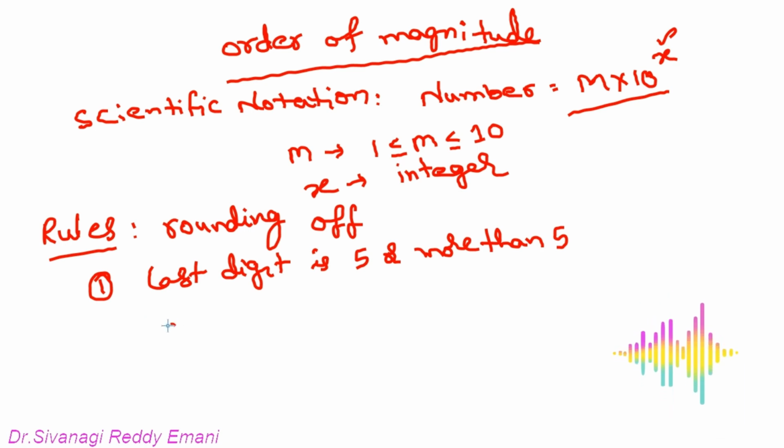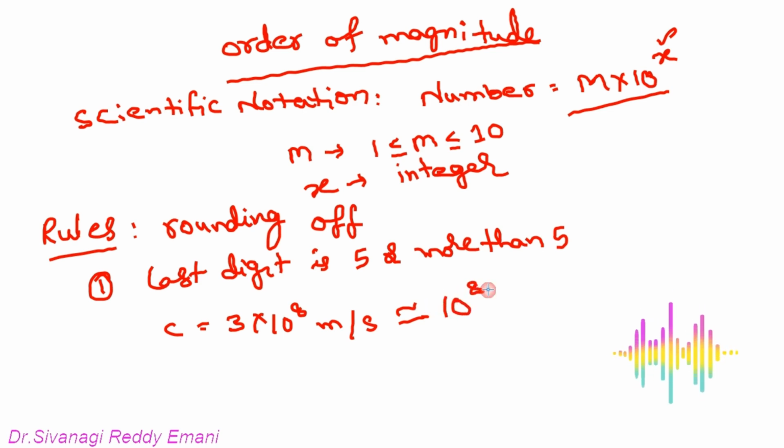For example, the speed of light c can be written as 3 times 10 power 8 meters per second. This can be approximated as 10 power 8 meters per second because 3 is less than 5.